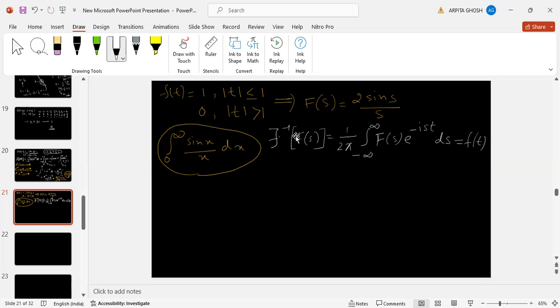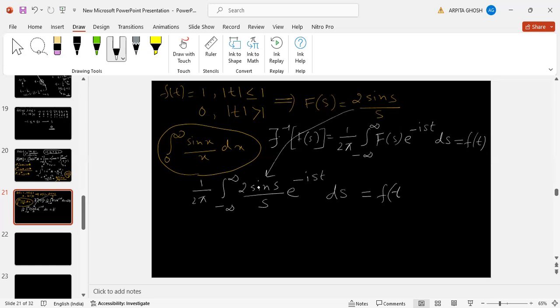Now, F(s) is 2 sin s by s. So 1 by 2 pi integration minus infinity to plus infinity of 2 sin s divided by s multiplied by e to the power minus ist, integration with respect to s, is equal to f of t.